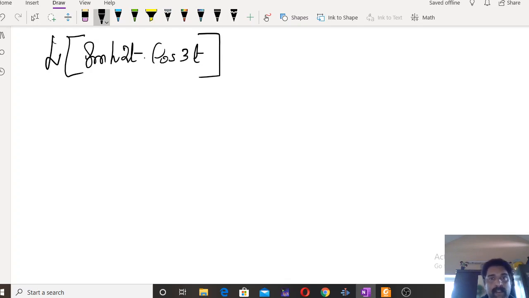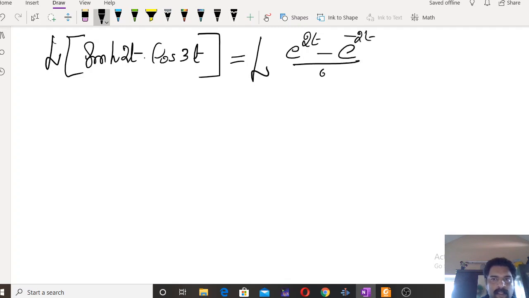If it is a sum of two functions, then the linearity property can be applied, but for a product of two functions we don't have any results so far. So we replace sinh 2t by the definition of hyperbolic functions as e raised to 2t minus e raised to minus 2t, divided by 2, into cos 3t.